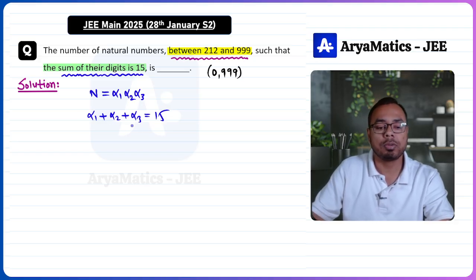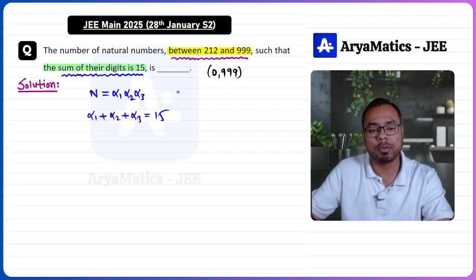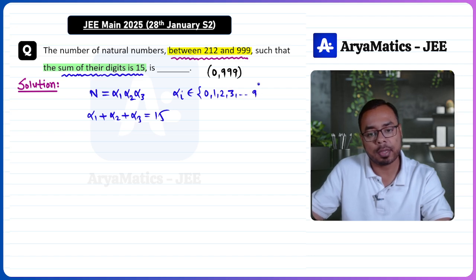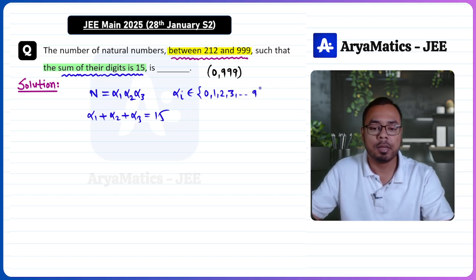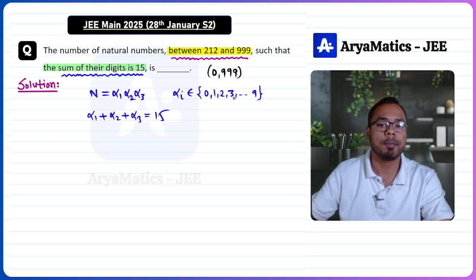So if I use the coefficient method, each alpha, alpha 1, alpha 2 and alpha 3, will be either 0, 1, 2, 3, up to 9. Alpha is a digit, so it will be any one of these digits.